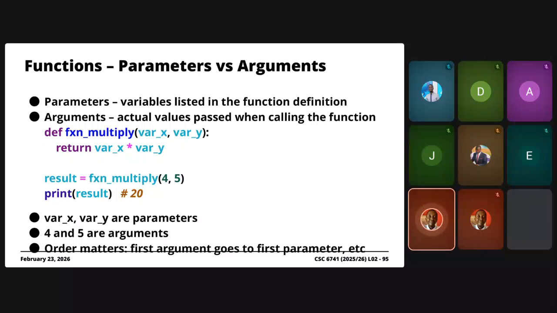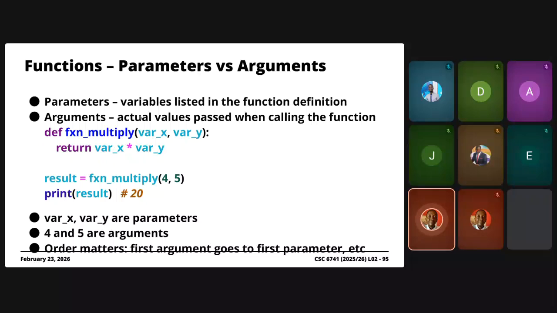In other words, parameters are placeholders because at some point in the future, somebody will specify a value, and it could be a different value. So you have a placeholder called a parameter, and then the actual value specified when you're calling a function is the argument.